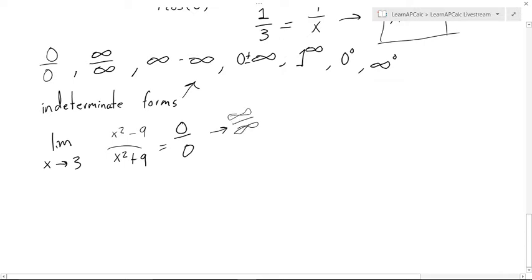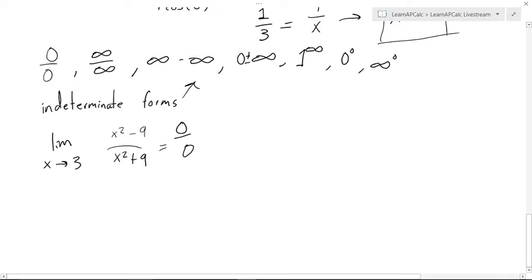Let's say I have a fraction 3 over 2. I can also write this as 1 over 3 over 1 over 2. Similarly, for 0 over 0, I could write 1 over 0 over 1 over 0, or infinity over infinity. So these basically mean the same thing.